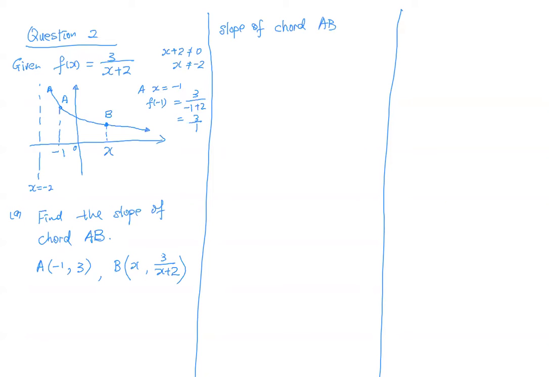If I don't want to say slope of chord AB, I can ask you to find the average rate of change from X equal to -1 to X equal to X. So (Y2 minus Y1) divided by (X2 minus X1).